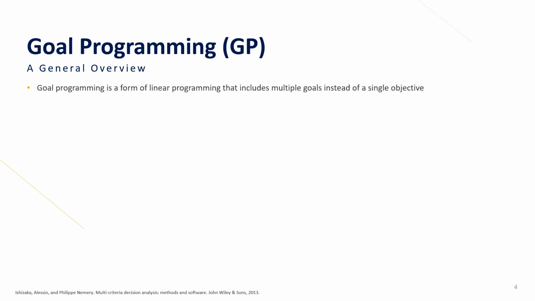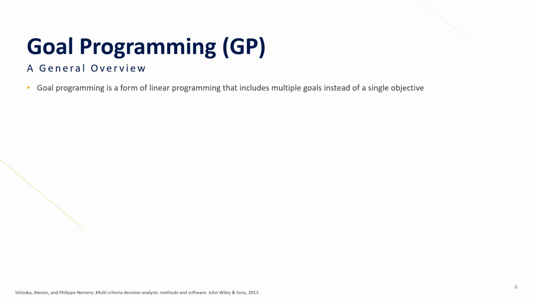Basically, linear programming is a form of mathematical modeling in which you have decision variables, the objective, and then constraints. The objective in linear programming is normally formulated as a single objective.